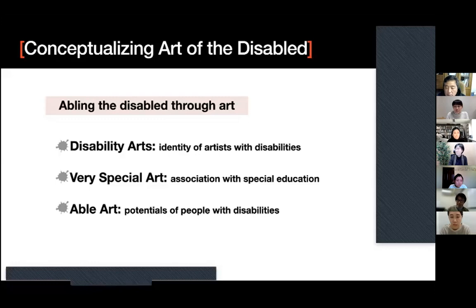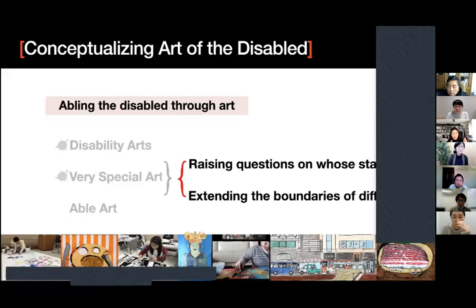I think the fundamental purpose of inclusive art education is enabling the disabled through art. And I don't think it's about teaching people with disabilities special skills or knowledge in art. It's more about raising questions on whose standards are used in defining art, or how we can extend the boundary of difference.